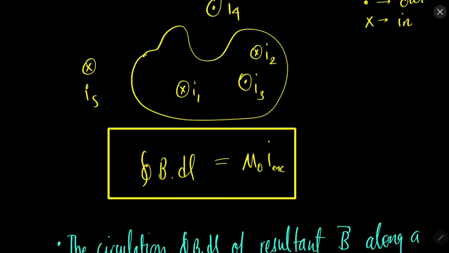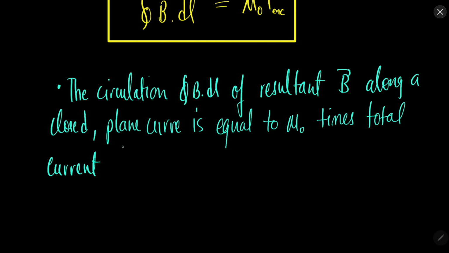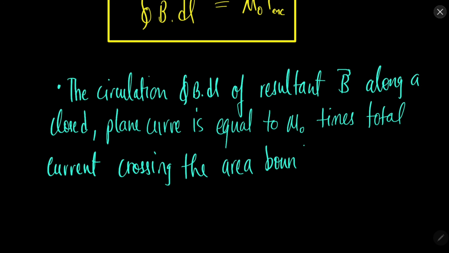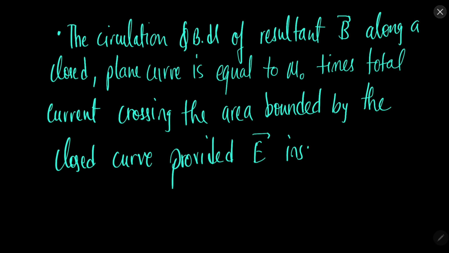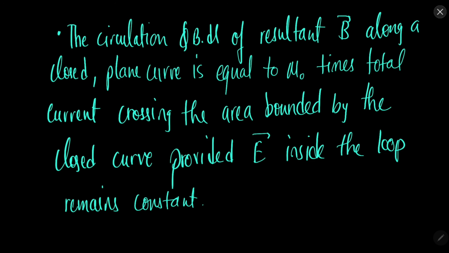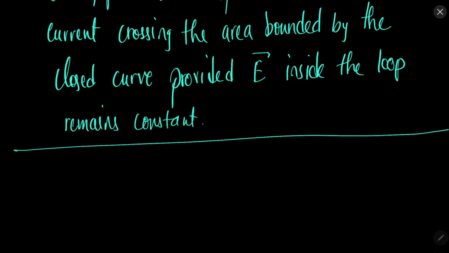For example, I4 and I5 are not important for this loop. So this is Ampere's law, which is analogous to Gauss's law of electricity.